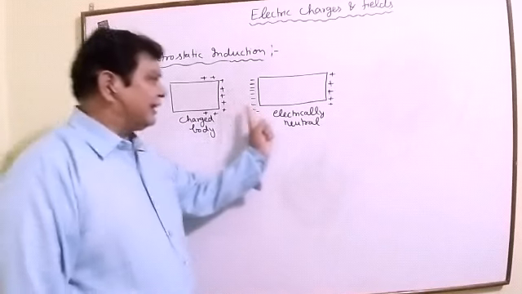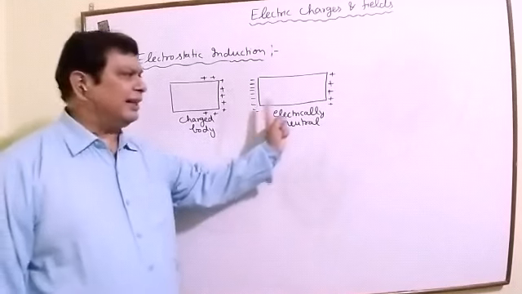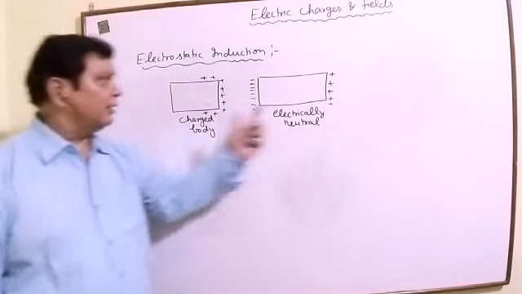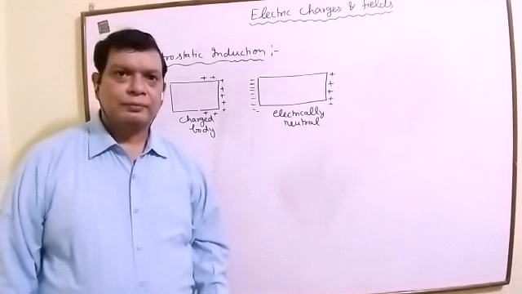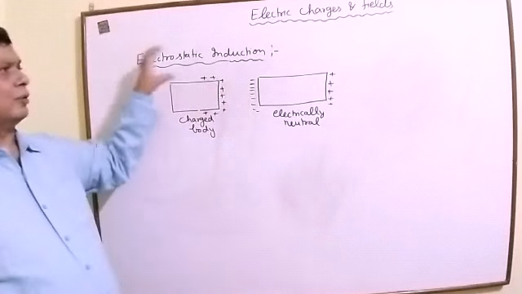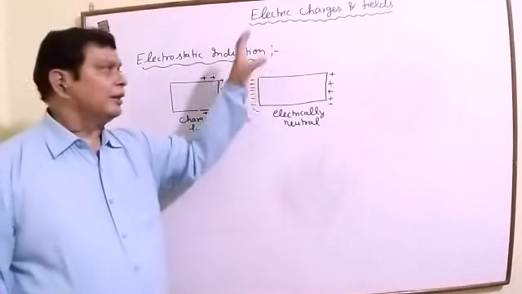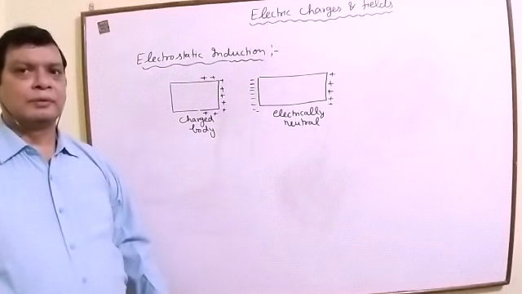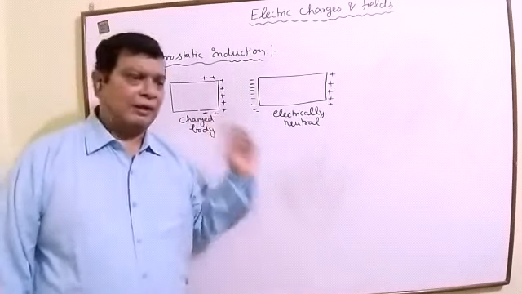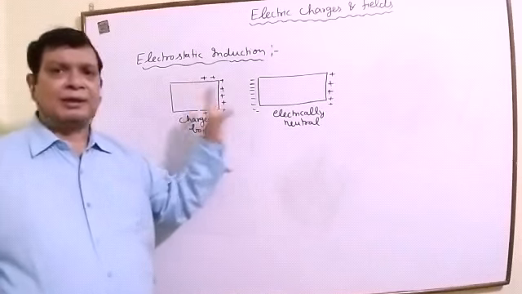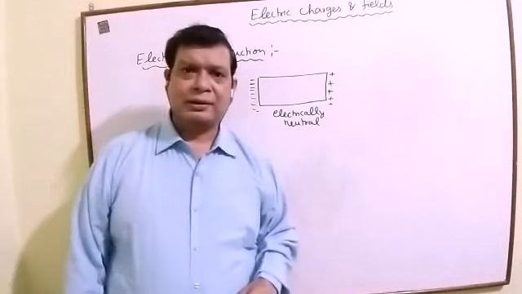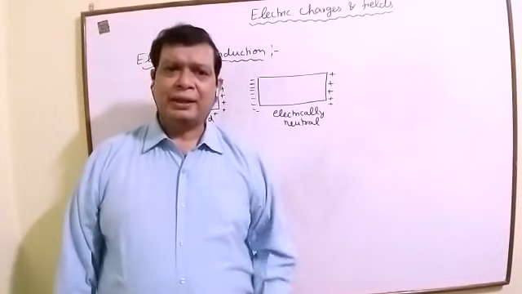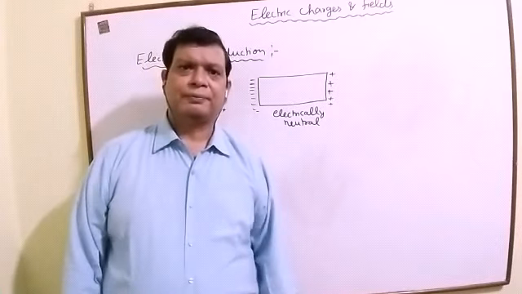These charges remain static as long as the charged body is kept near it. This phenomenon is known as electrostatic induction. And here I have to tell you that this phenomenon not only takes place in conductors, it also takes place in insulators as well.